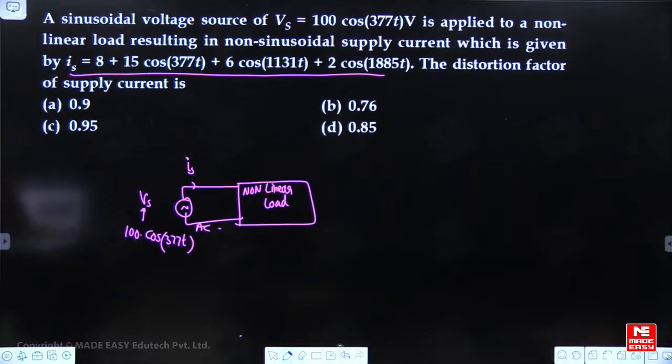Yes, all of you find out the distortion factor for the supply current. Yes students, make it fast.